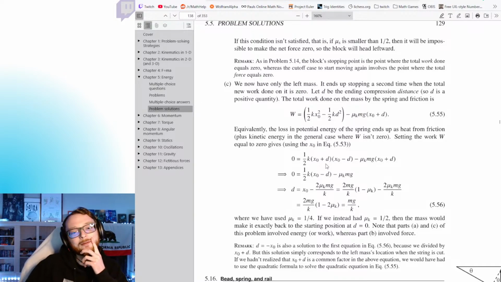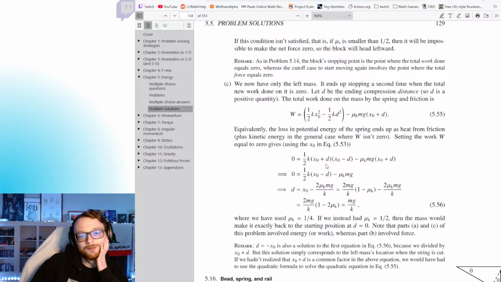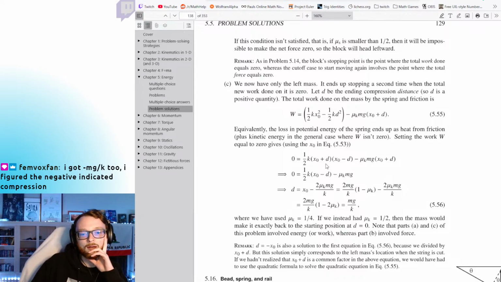Oh, okay. They avoid it by cleverly factoring out x naught plus d, I guess. And that doesn't give you any useful information. Yeah, maybe I'm thinking about x2 wrong. Maybe the way I'm thinking it's supposed to be isn't how the math actually would define it.